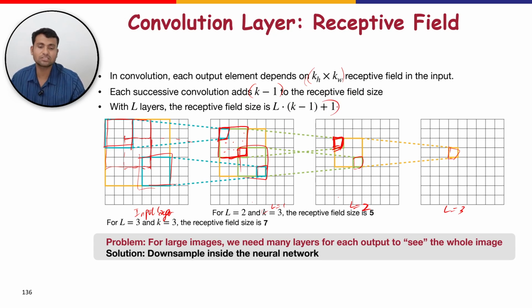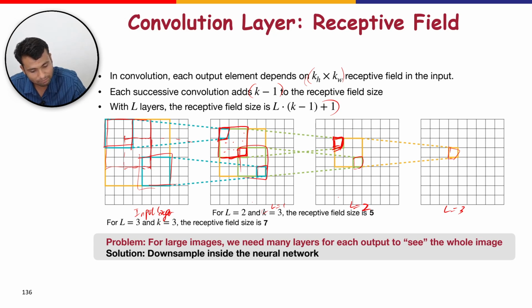This plus 1 is just to compensate for the initial pixel under our consideration. Since k is 3 and the layer we're looking at is 2, the answer would be 2 into 2 plus 1, which is 5.